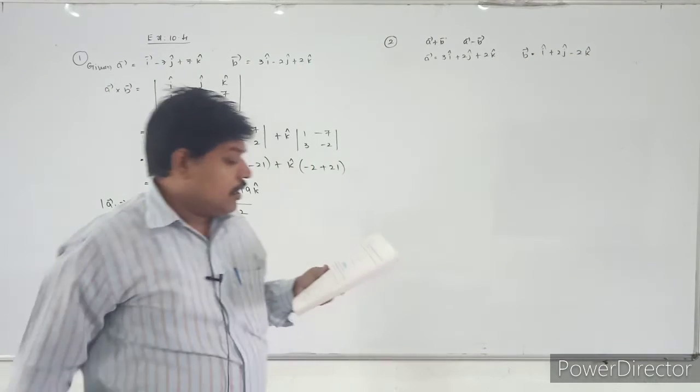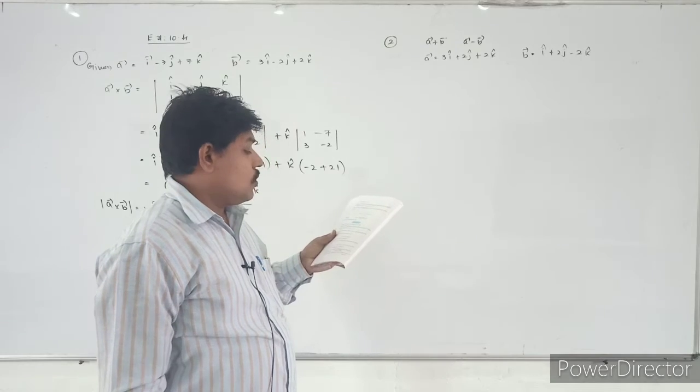So A bar is (3, 2, 2) and B bar is (1, 2, -2).